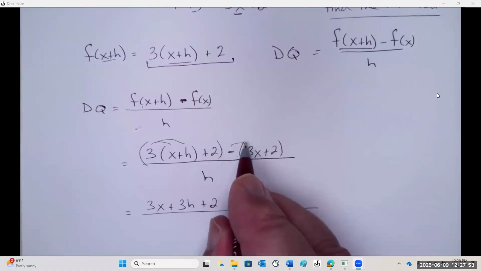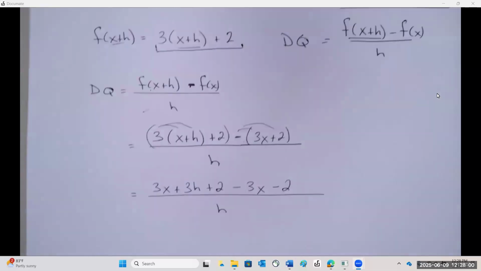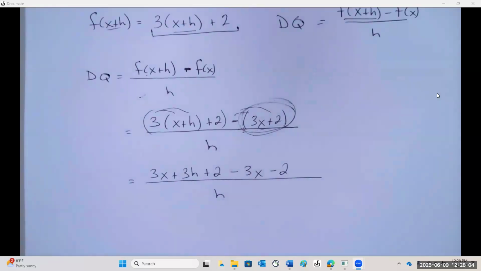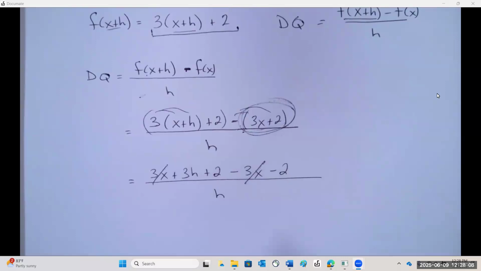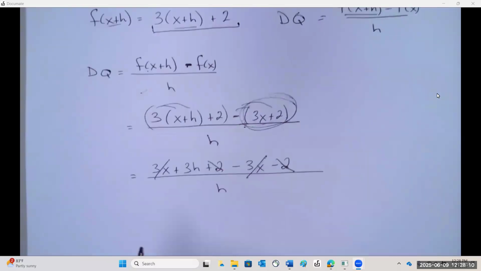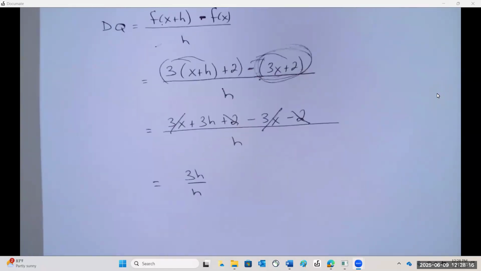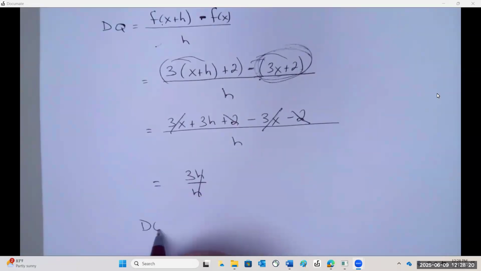This minus sign goes before, so it's minus 3x minus 2. Remember, everything here has to disappear. Negative 3x and 3x cancel. Negative 2 and 2 cancel. And the h's cancel, so the difference quotient tells us 3.